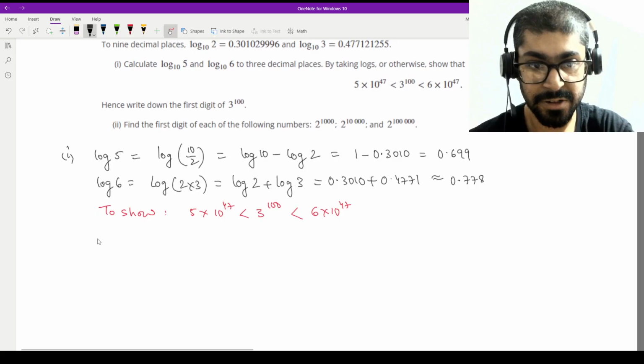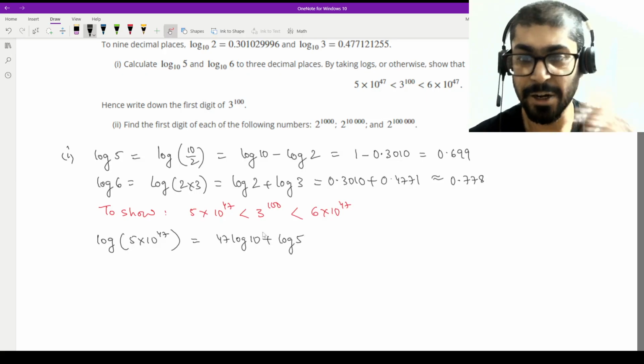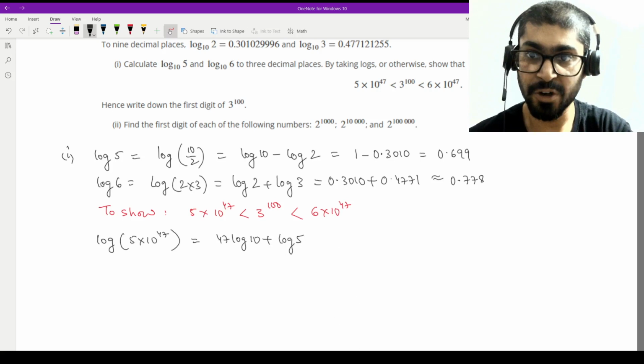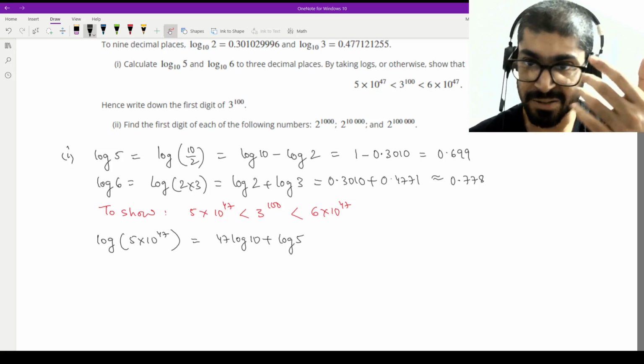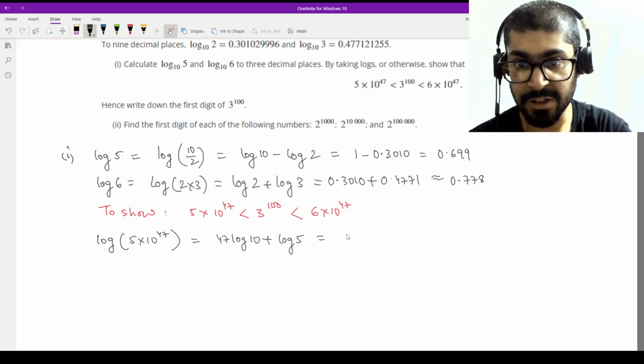Let us check log of 5 into 10 to the power 47. This is basically 47 log 10 plus log 5, because if I split it into the power rule and the sum rule, I get log 10 to the power 47 plus log 5, and by the power rule that is 47 log 10 plus log 5, which gives us 47 plus 0.699.